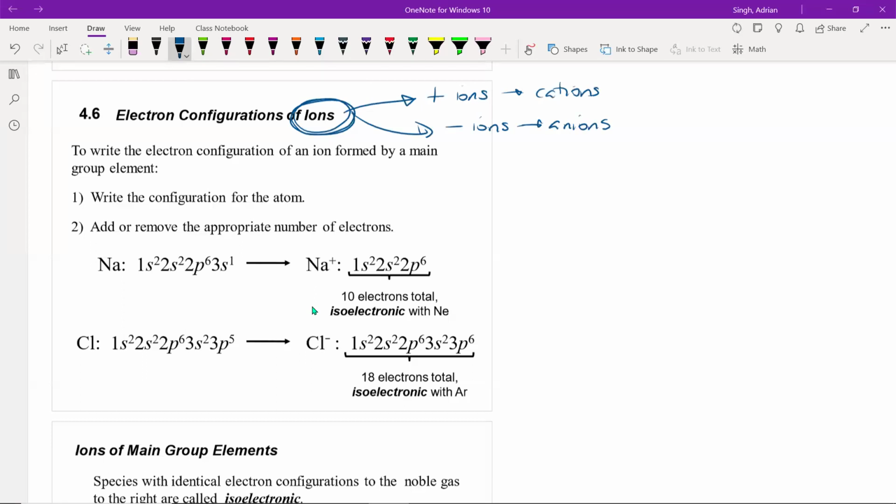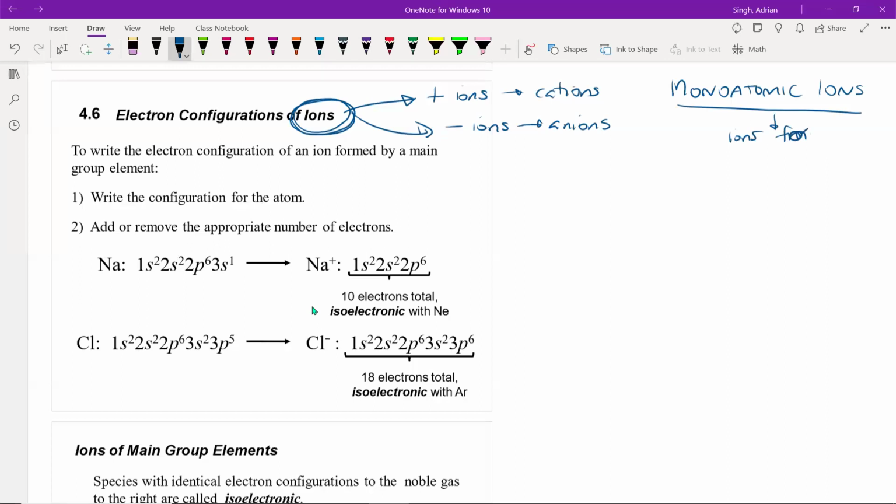And what we're going to look at now is the electron configuration of what are known as monoatomic or monatomic ions. And we'll see some contrast to this in the subsequent chapters. Monatomic ions are ions formed from a single atom.